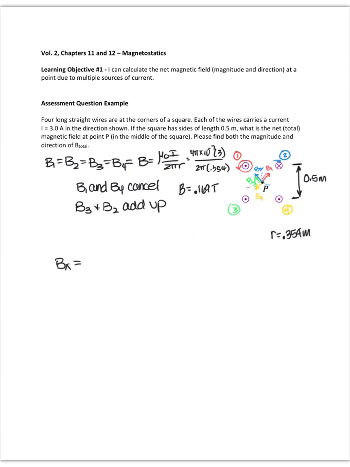So for my x components, I have B1 times the cosine of 45. It's in the positive x direction. B2 and B3 are in the negative x direction, and so is B4.